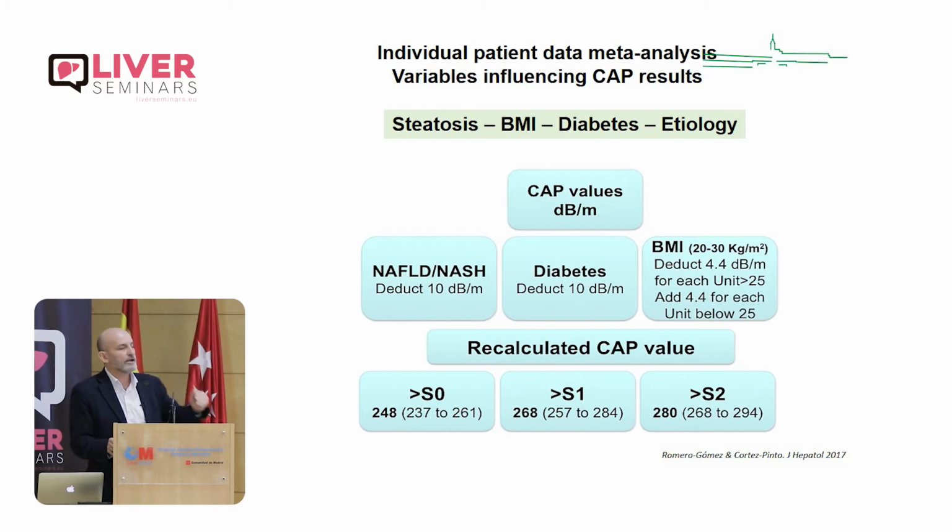We can recalculate the CAP value, and the threshold to diagnose steatosis, fat infiltration in the liver, has been established at 248. It's a mnemonic, very easy to remember. 248 decibels per meter divides patients with and without steatosis.